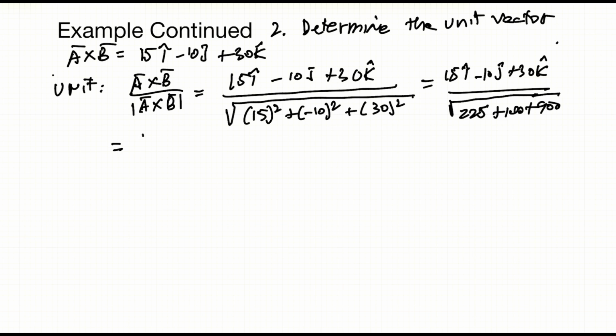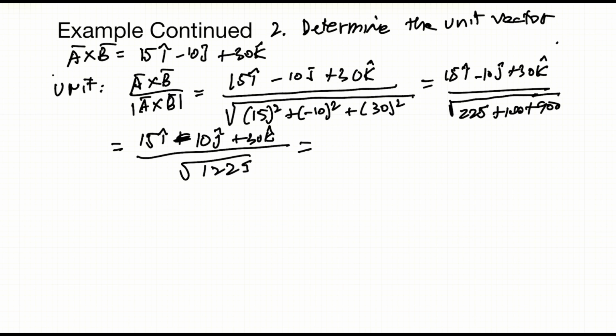So this is going to be 15i minus 10j plus 30k divided by the square root of 1,225, which, plugging that in the calculator, just turns out to be 35. So that's 15 over 35 i minus 10 over 35 j plus 30 over 35 k.